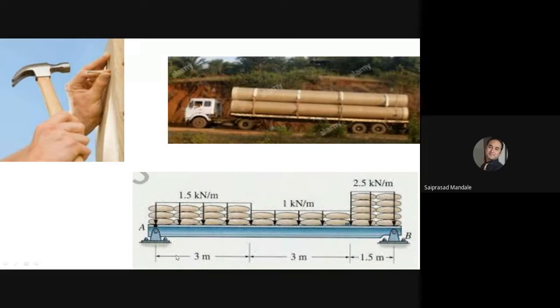It is a UDL, uniformly distributed, na? From A to this point it is uniformly distributed. From this point to this point, the second 3 meters, it is also UDL. For the last 1.5 meters, it is also UDL. So this is a uniformly distributed load with intensity 1.5 kilonewton per meter for the first 3 meters, 1 kilonewton per meter for the next 3 meters, and for the last 1.5 meters it has intensity 2.5 kilonewton per meter.